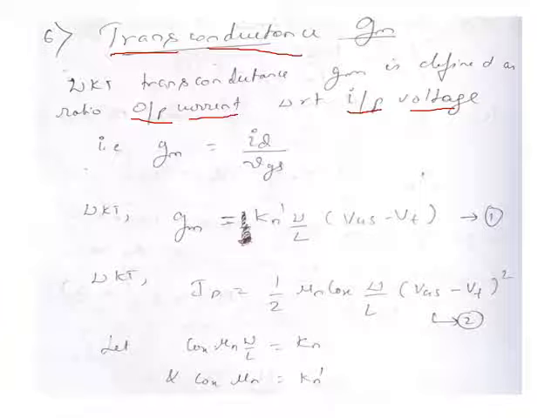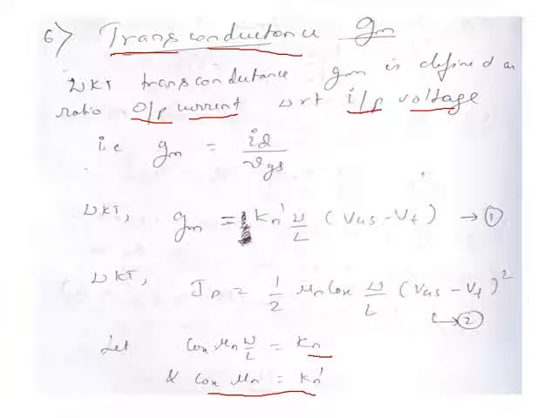Now I'll try to shorten the formula by assigning values to the variables. Mu n Cox into W by L is termed as Kn. What is Kn dash? As you already know, it is mu n into Cox.